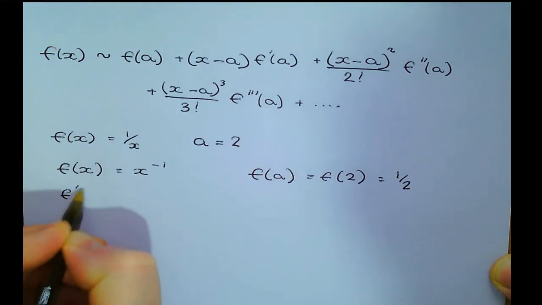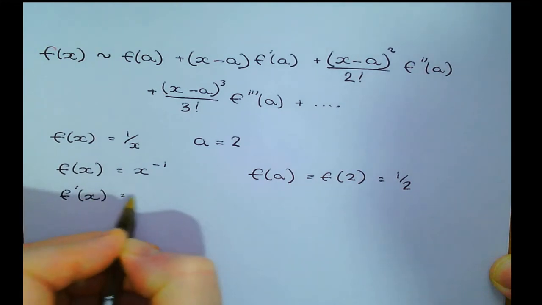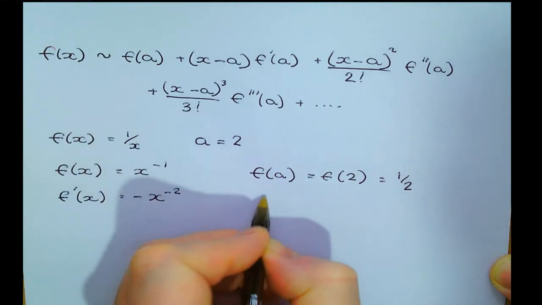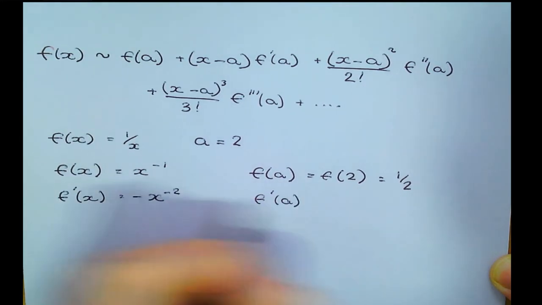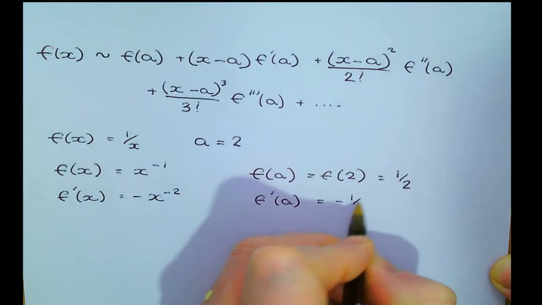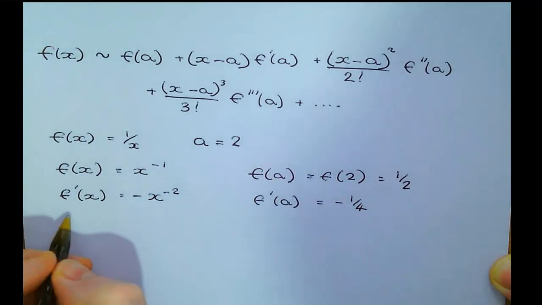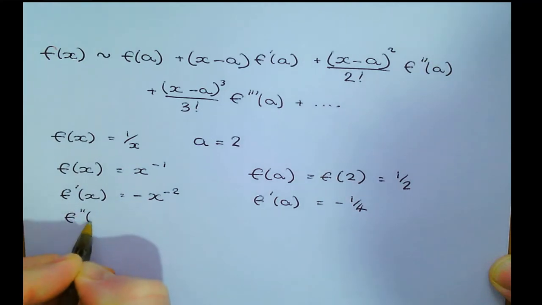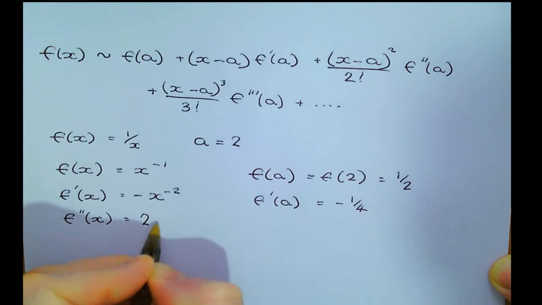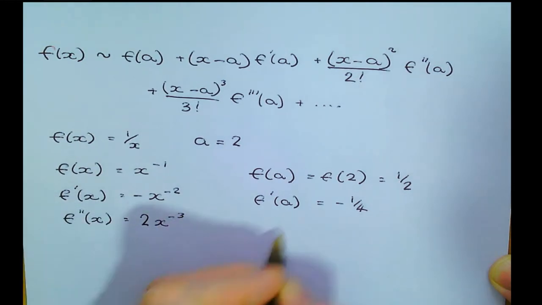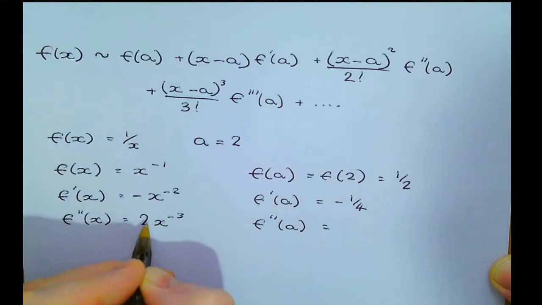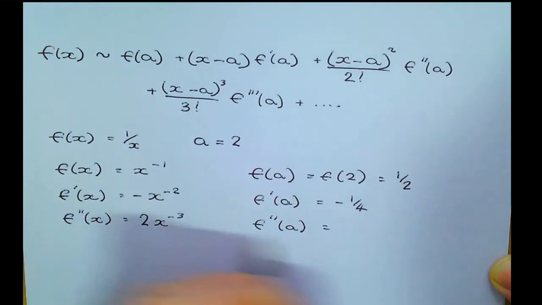Then f dashed of x is minus 1 times x to the minus 2. So f dashed of a will be minus 1 over 2 squared. That is minus 1/4. The second derivative will be minus 2, that's 2, times x to the minus 3. So f double dashed of 2 will be 2 over 8.